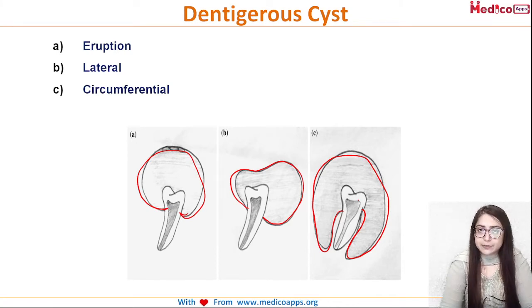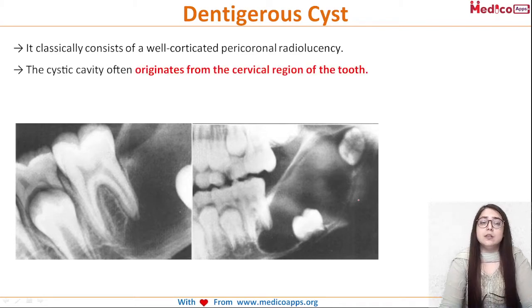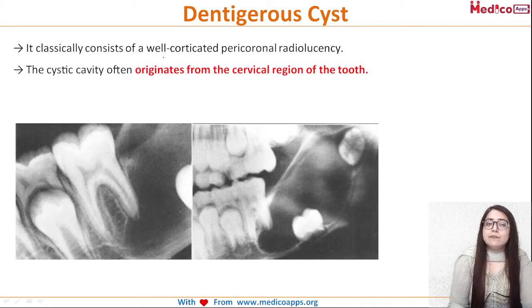Now coming to the specific thing, the radiographic features to confirm the diagnosis, because in this question they are asking just about the radiographic diagnosis. It consists of a well-corticated pericoronal radiolucency. Like here you can see, this is the radiolucency.